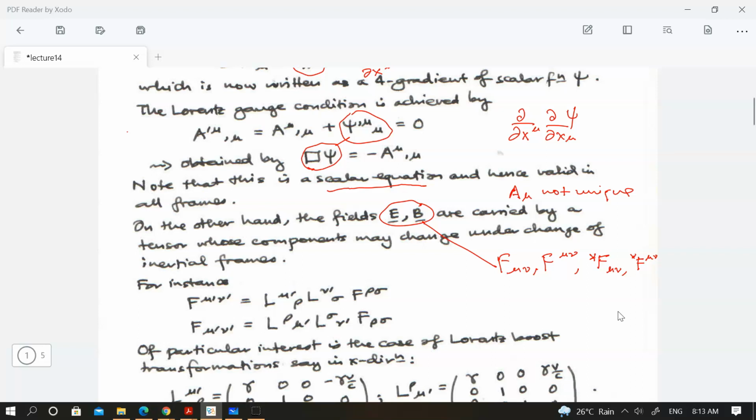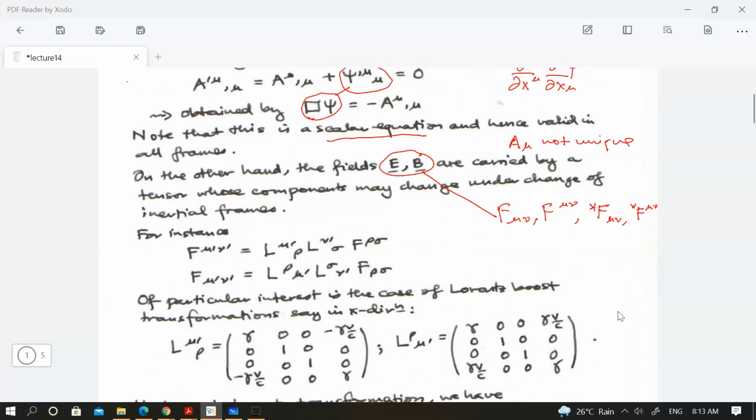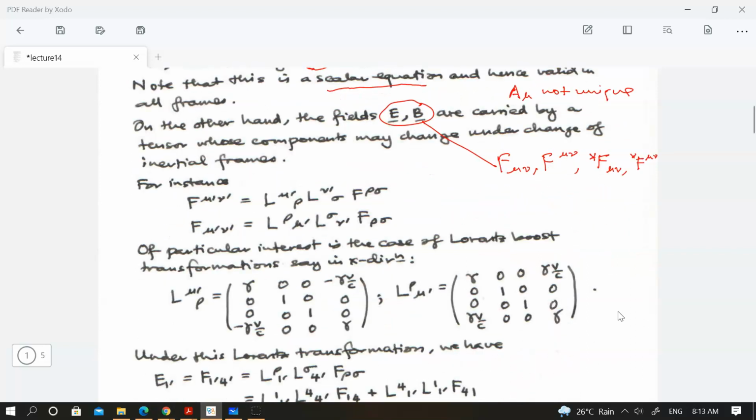And there are tensors, so tensors will obey some form of transformation law under special relativity. Okay, and these are given by the Lorentz matrices, for example.